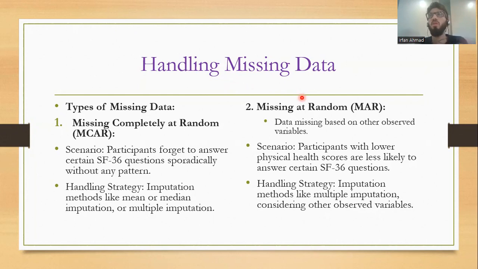For example, if he walks with crutches or with a cane, there are some questions specifically linked with independent walking, so he cannot answer because of his illness. He didn't want to skip, but he skipped it because it is not relevant to his current health. So how can we handle this? We can handle it with imputation methods like multiple imputation, considering other variables.